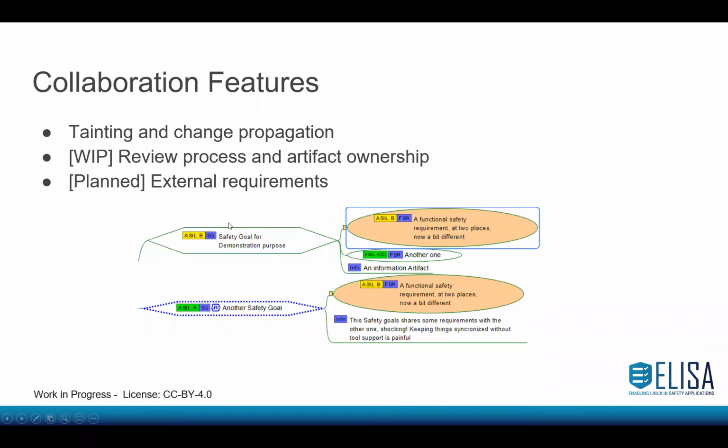The idea is to design a system that allows people in a group to take ownership of a part of the map and have a process that integrates here that allows for review, in the sense of you can add review comments that then get delivered to the owner of an artifact, which then can handle them and comment on them again and so on. But this is still work in process.